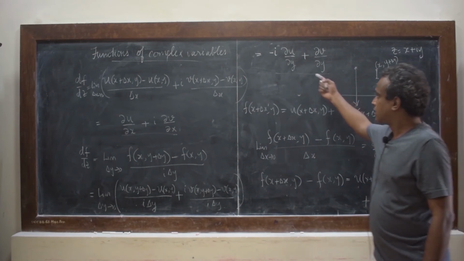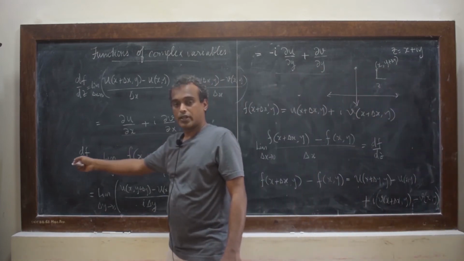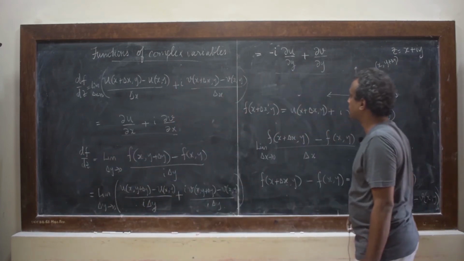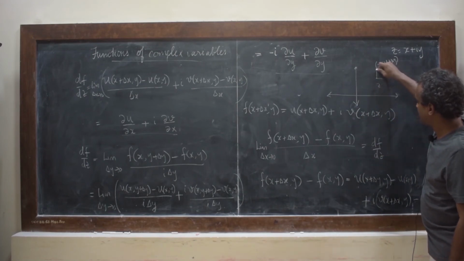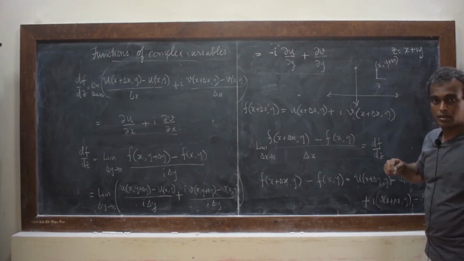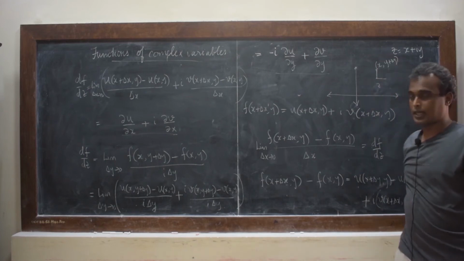So that is the form or the value of the derivative of f that we get at point z as I approach the point from above, purely along the imaginary axis.